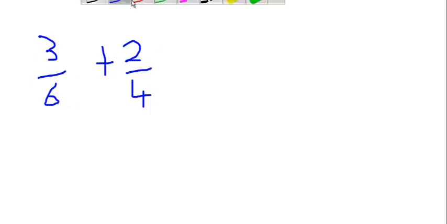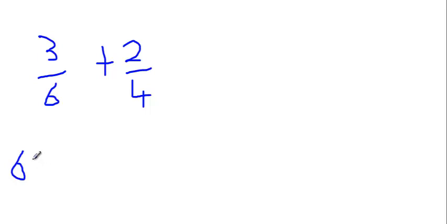So we'll first of all take a look at sixths, and we'll quickly run through the multiples of 6, and after that we'll run through multiples of 4. What we're looking for is the lowest number where both denominators can be multiples of.